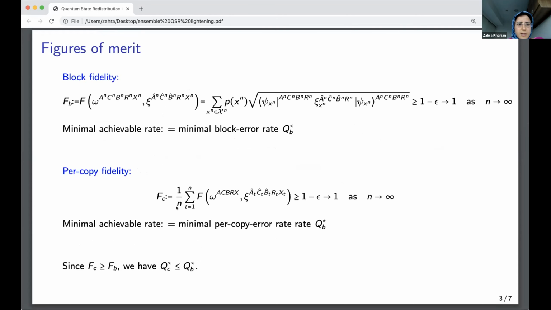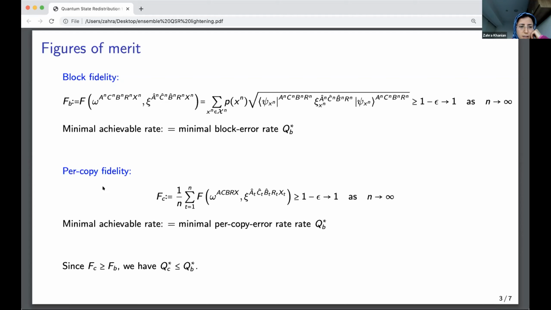As for the figures of merit, we consider block fidelity and per copy fidelity. For the block fidelity, we assume that the parties want to keep the fidelity for whole blocks of states, that is in n number of states, but with per copy fidelity, we consider that they want to preserve the fidelity for each copy.